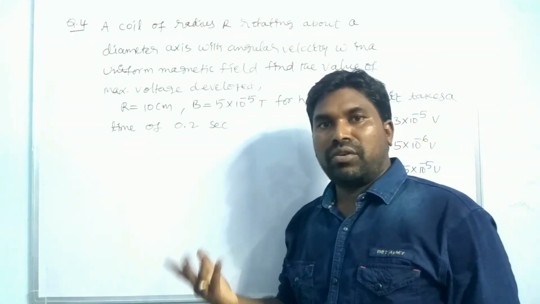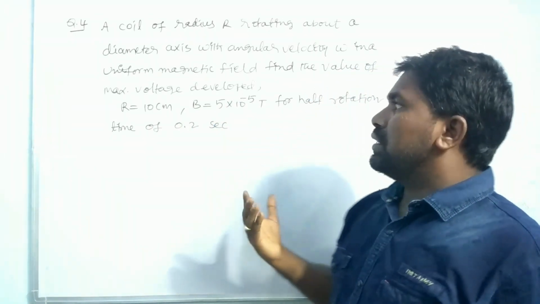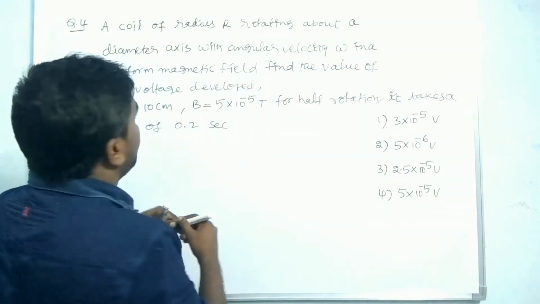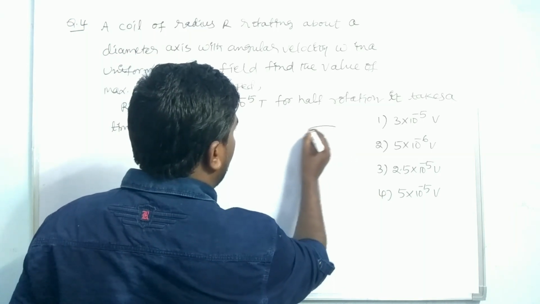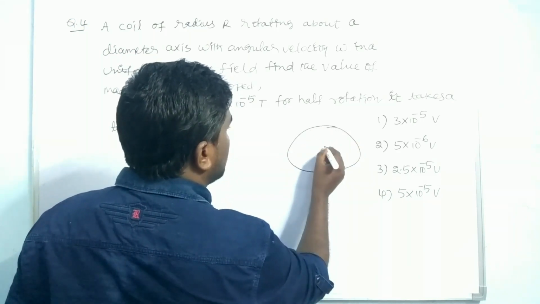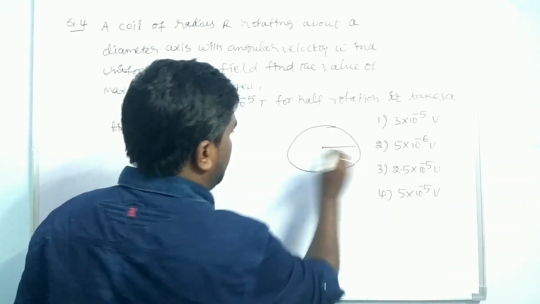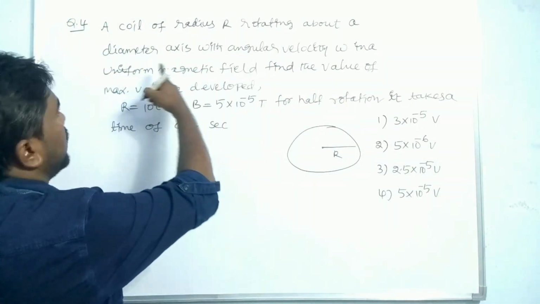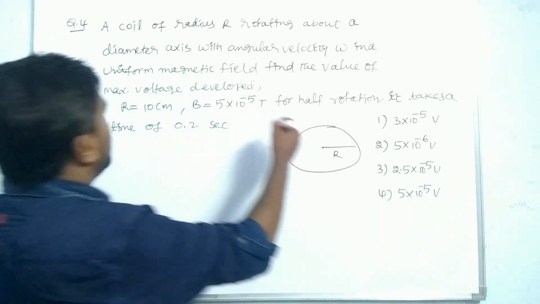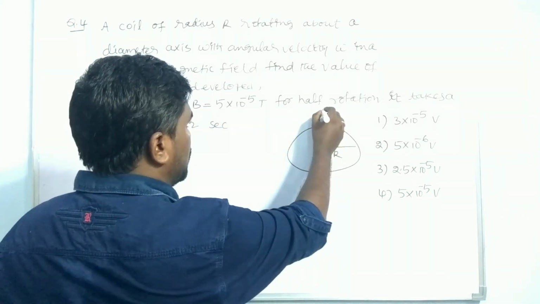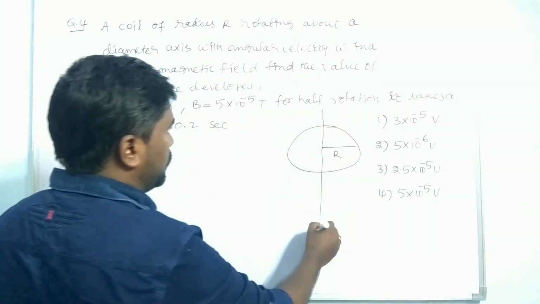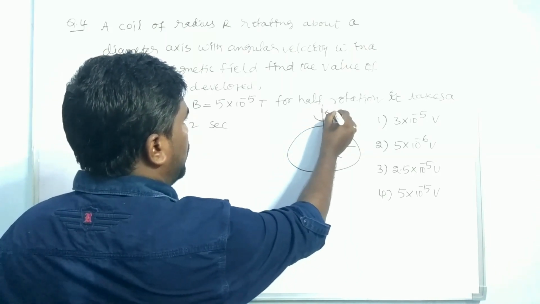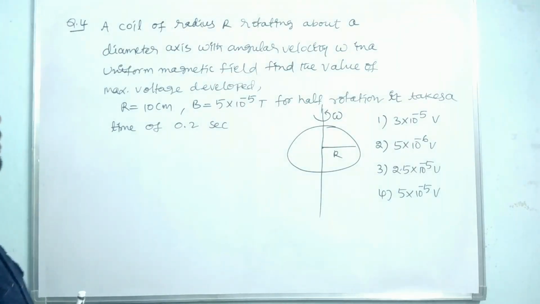Maximum voltage developed means we have to find the induced EMF in this coil. So here there is a coil of radius r, rotating about a diameter axis. This is the axis about which it rotates, with angular velocity omega.